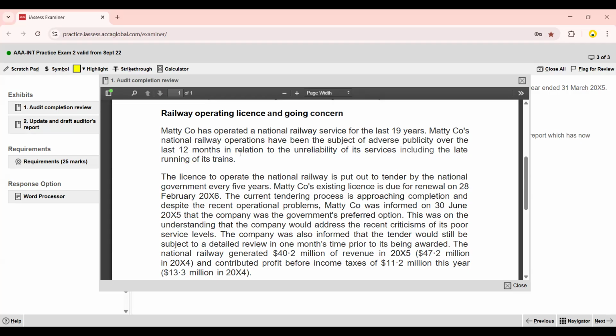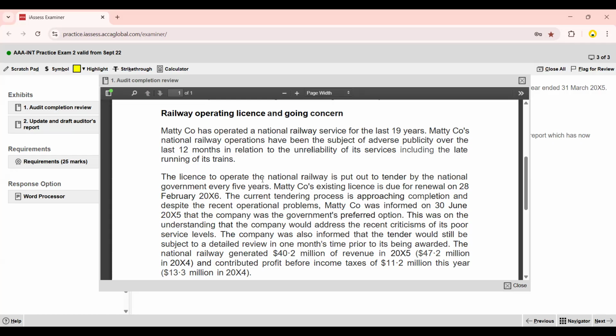Over the last 12 months, this can affect the going concern, as this is an event or condition which may cast doubt on Matty Company's ability to continue as a going concern, in relation to the unreliability of its services, including the late running of its trains. We all know it's a normal issue for planes, for flights, for railways that most of the time they don't arrive on time.